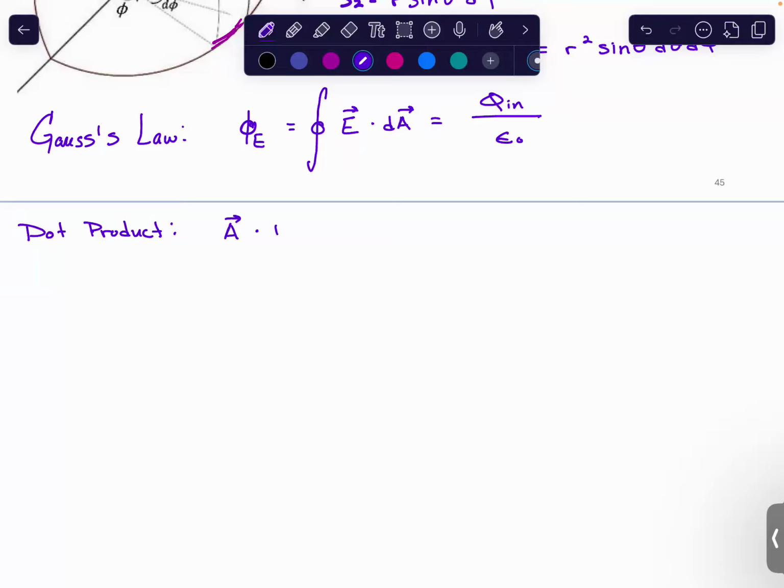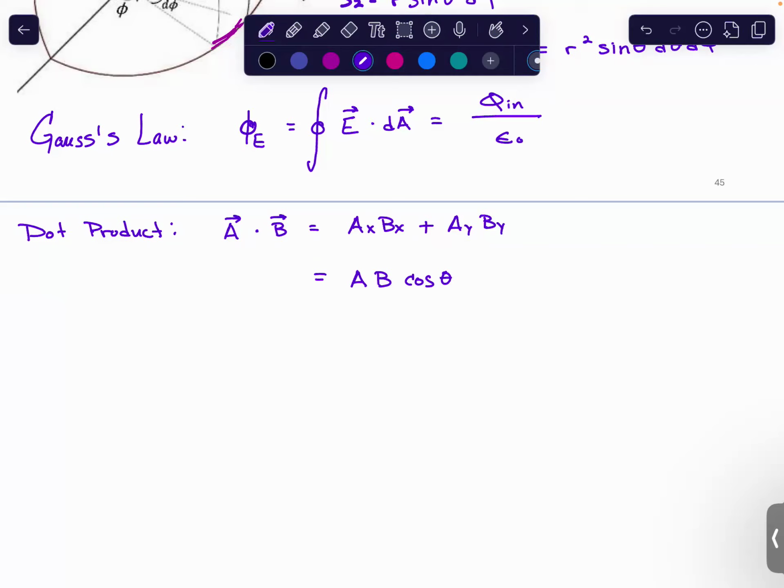If you have A dot B, there's two ways you can solve this. The first one is Ax times Bx plus Ay times By. The second way to solve it that's more common is magnitude of A, magnitude of B, cosine of theta, the angle between the two vectors.